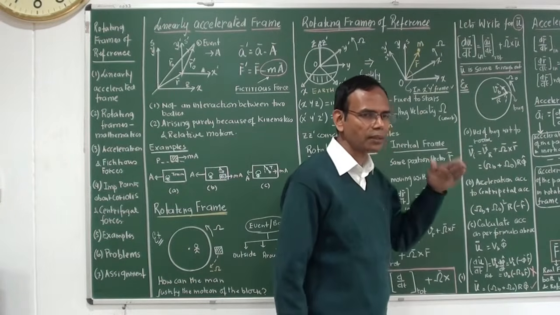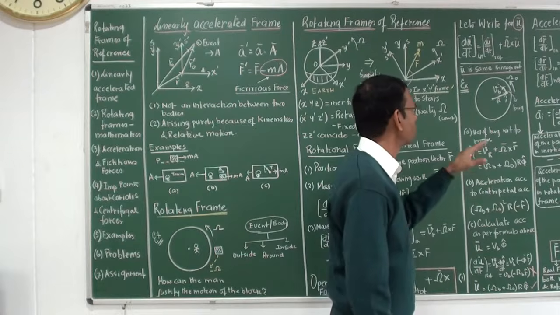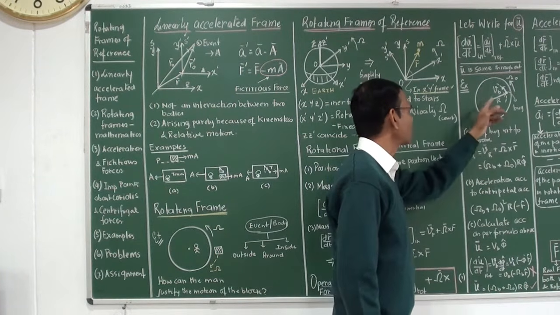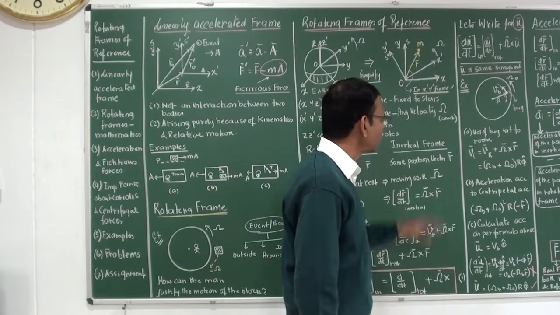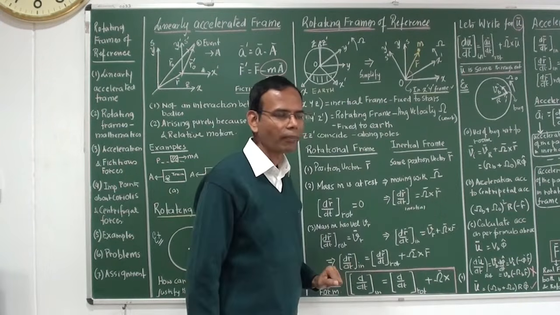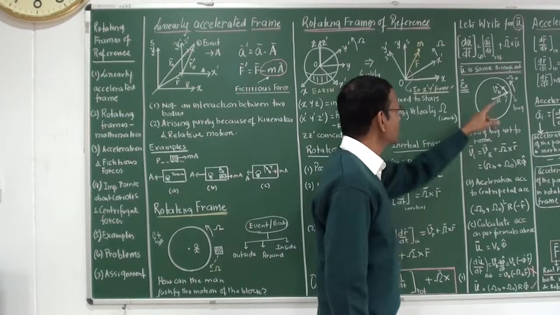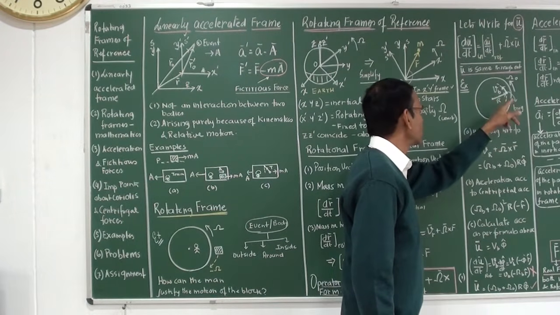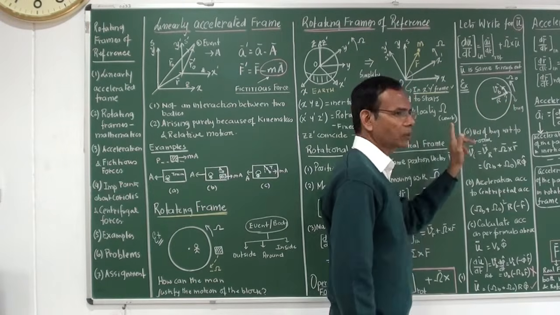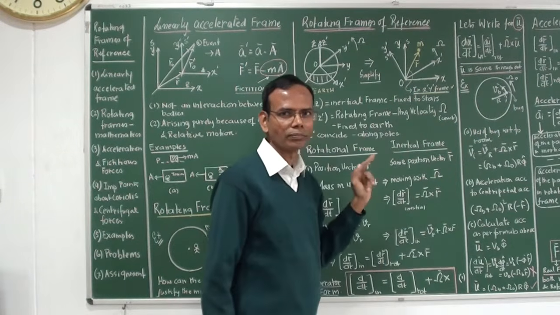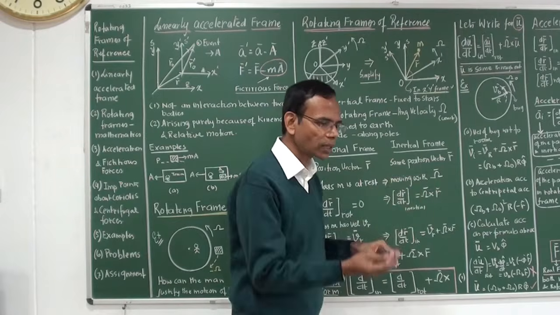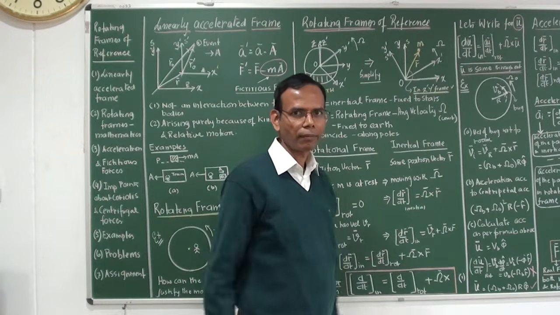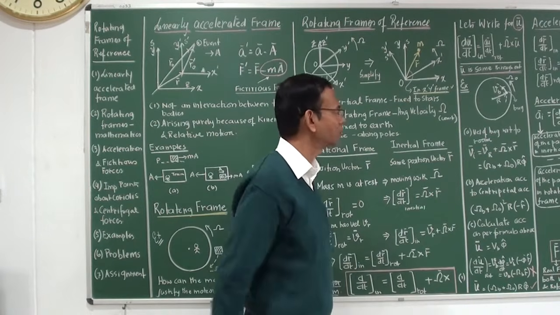That means it doesn't have a radial velocity. Tangentially its velocity is Vb at a distance r from the center. Now there are different questions. As you see, the disc is rotating, and the bug is also moving with respect to the disc.